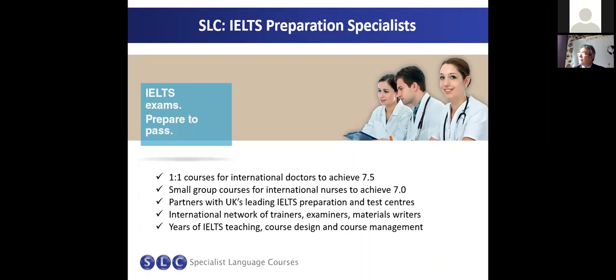Some of you have opted for email support, some of you for face-to-face, like we're doing now, but using the computer. Some of you, I know, are going to have small groups. So there's a various selection of things which SLC can help you with for your IELTS.